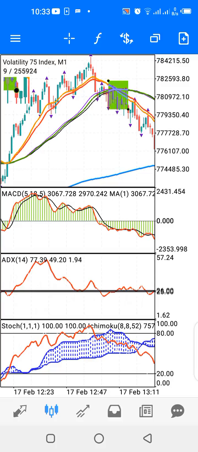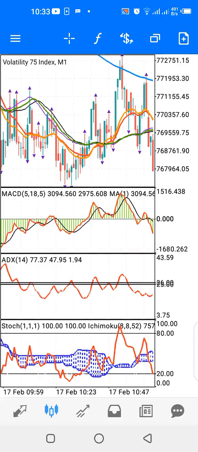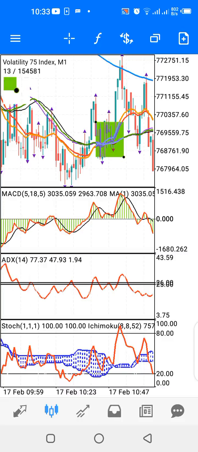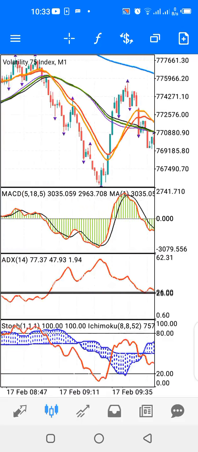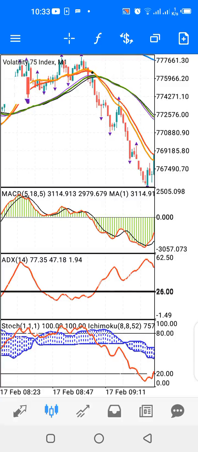This is another sell signal. Okay. This is a buy signal. This is a buy signal. All right. We have a sell signal here. This is a sell signal.